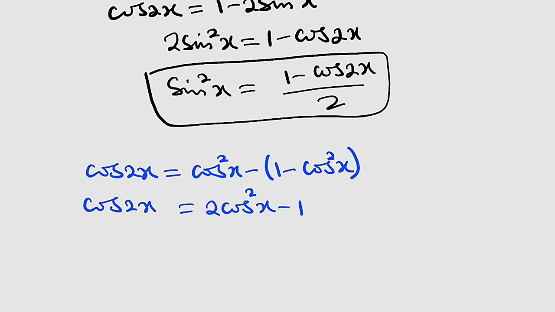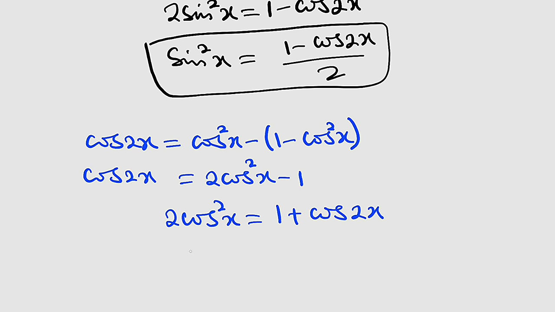And now we can make this one the subject. If you take negative 1 to the left, it becomes positive 1. Therefore, 2 cosine²x is equal to 1 plus cosine of 2x. You can now divide both sides by 2.